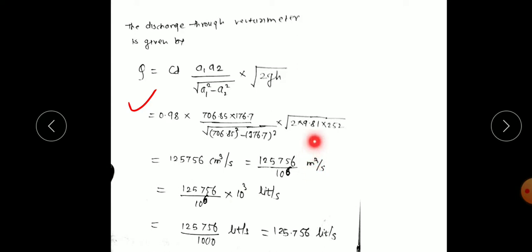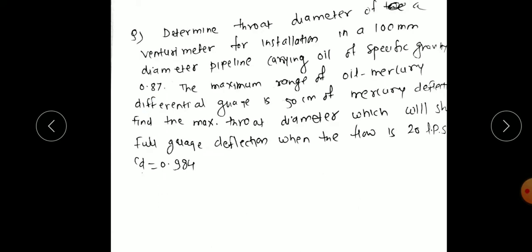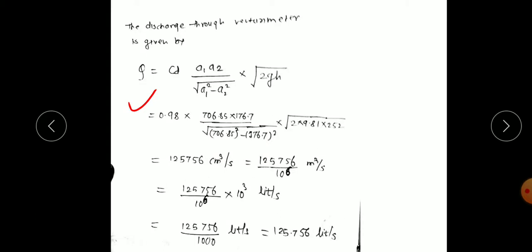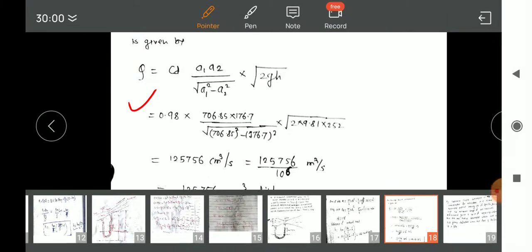So replacing meter cube by liter, the 10 raised to 6 and 3 cancel, and we get the answer as 125.7 liter per second. So in the same way we can determine the discharge Q as 125 liter per second.